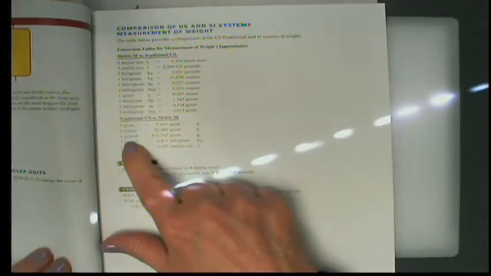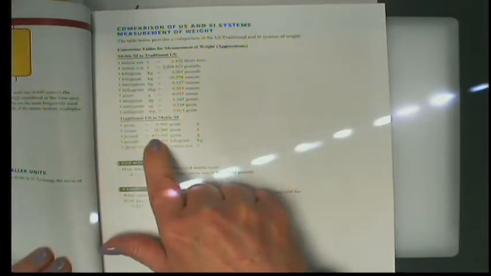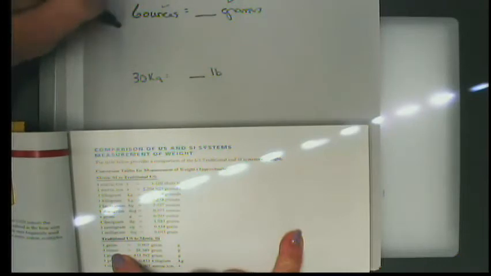And you see when we have traditional US to metric, we have 1 pound equals 453.92 grams and so forth. And 1 ounce is equal to 28.349 grams. Okay, so this is the one that we want because it involves ounces and grams.